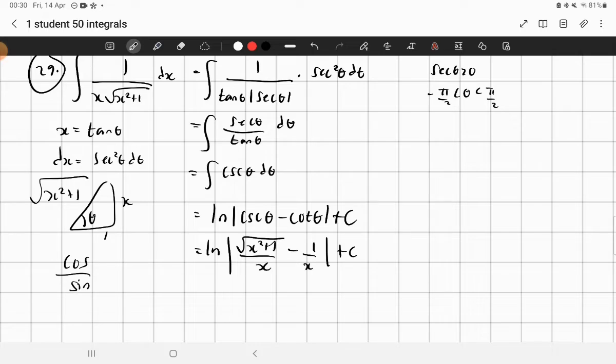Since I'm very tired, cosecant, I believe that cosecant, right? Cosecant. Let's hope.